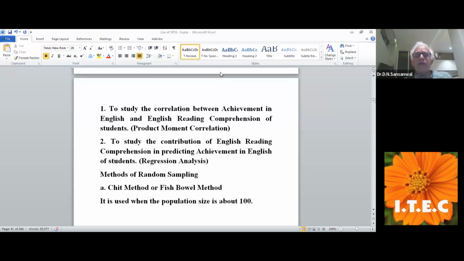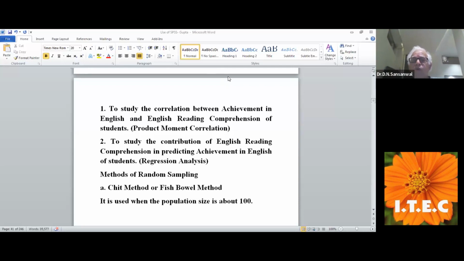So is it easy to make 28 slips or is it difficult? It is easy.